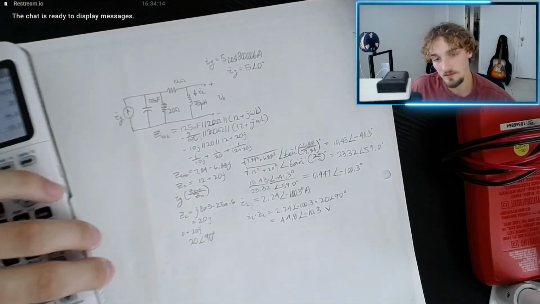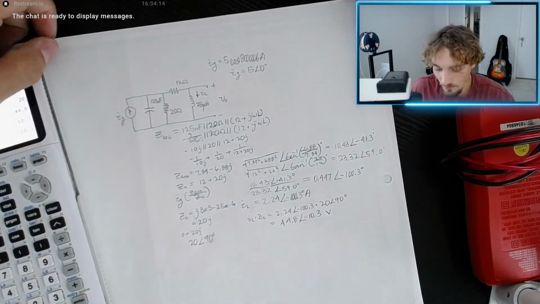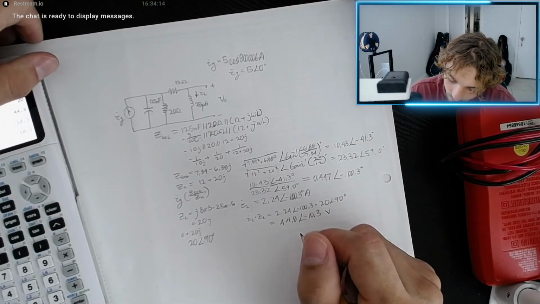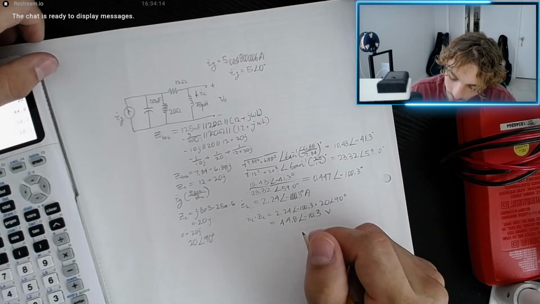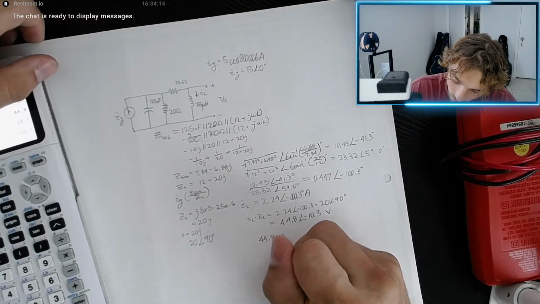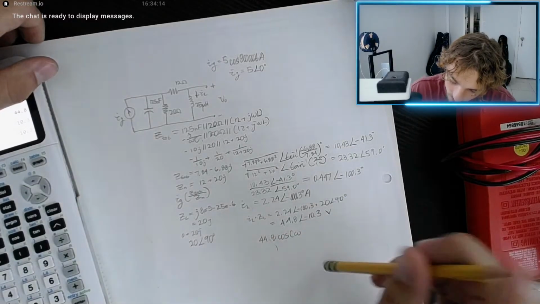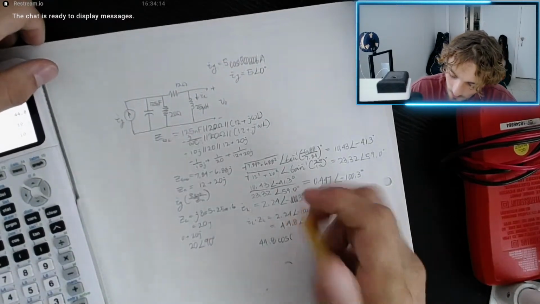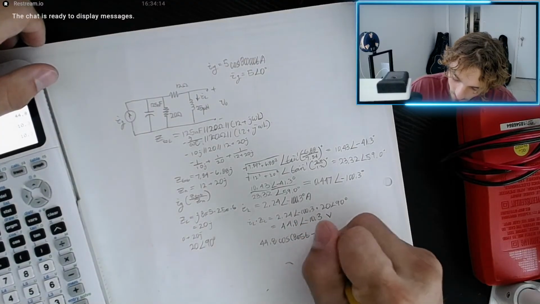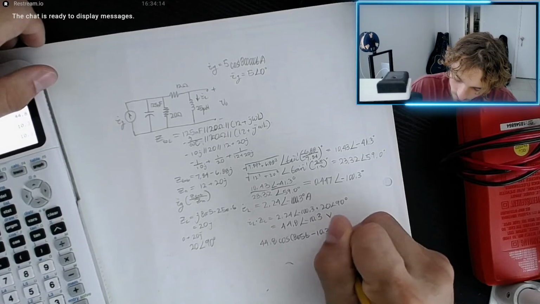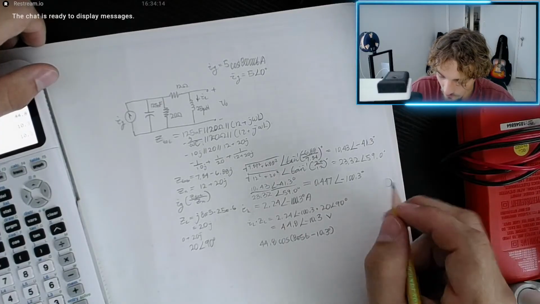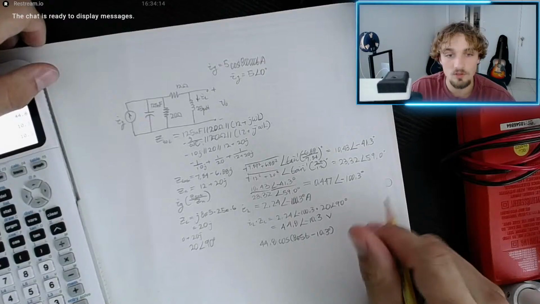By how many nanoseconds does V naught lag IG? So if we were to convert this back into time dependent form, it would simply look like 44.8 cosine of omega, which is 8E5, t minus 10.3 degrees. And then we want to essentially subtract, which one?